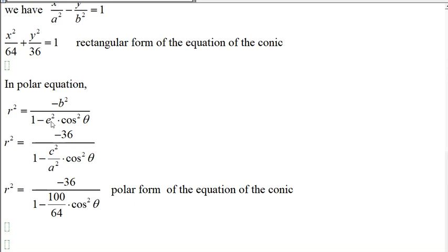And once again, e squared is c squared divided by a squared. c squared is 100, a squared is 64. So this is the polar form of the equation of this hyperbola. And once again, for this particular example, the focus is not at the pole.